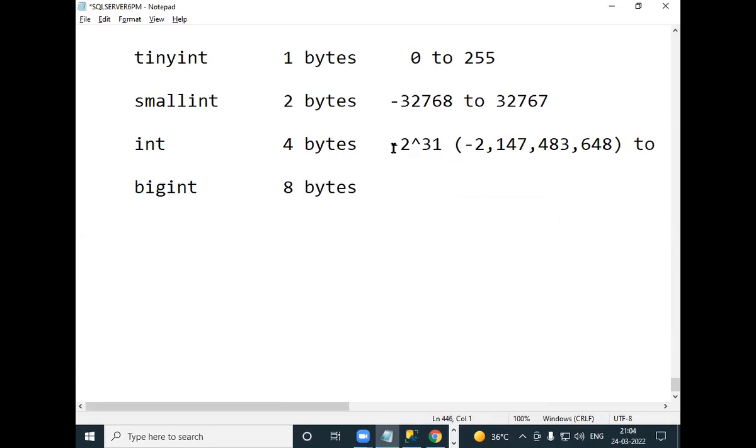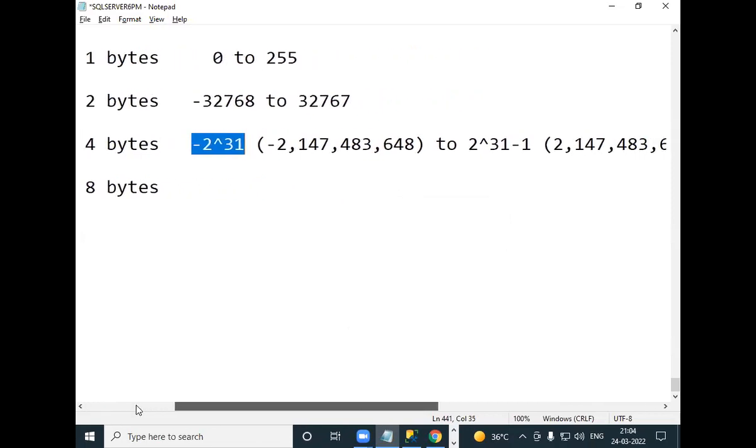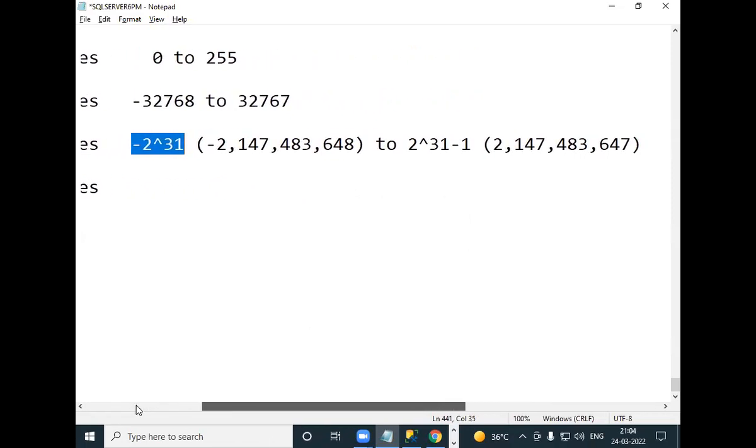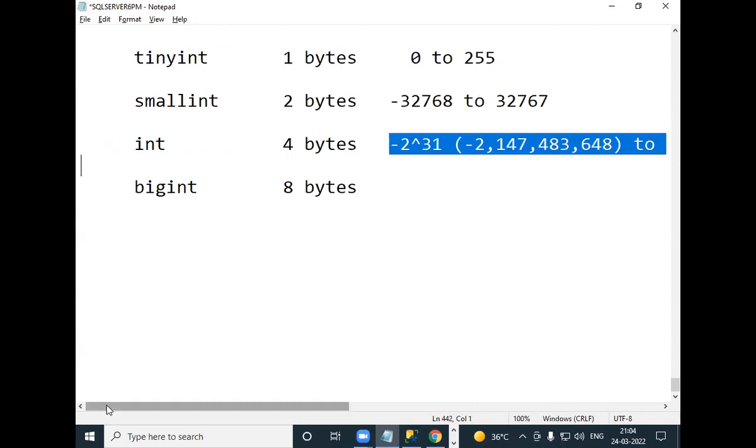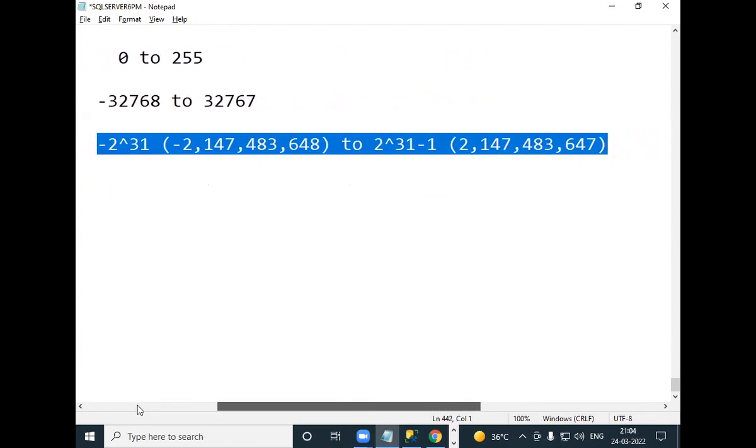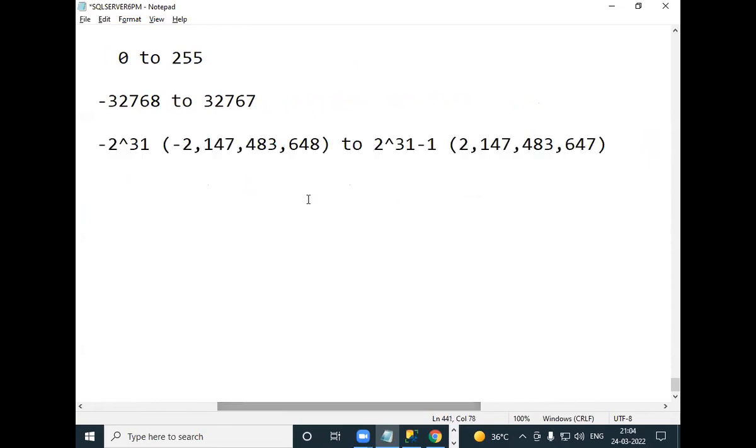Minus 2 power 31 to 2 power 31 minus 1. So this is the integer range.